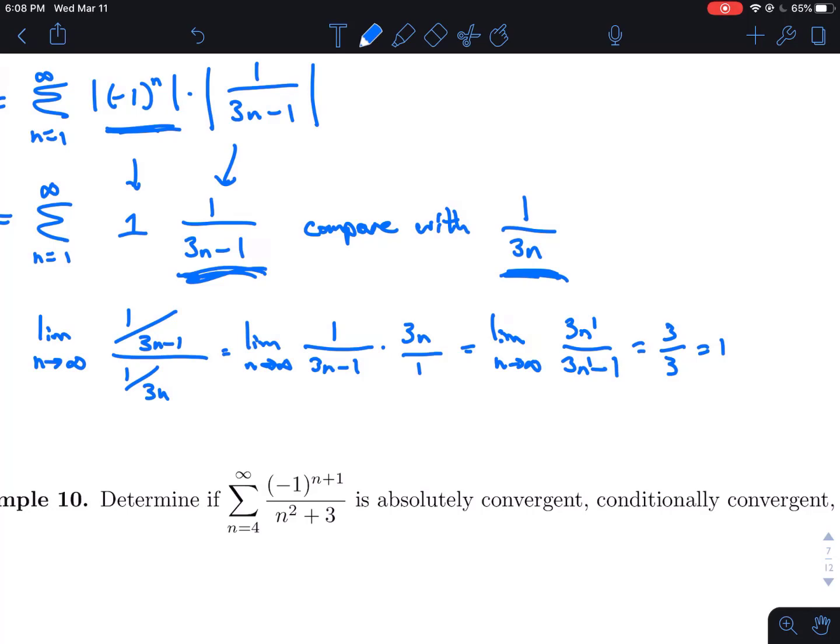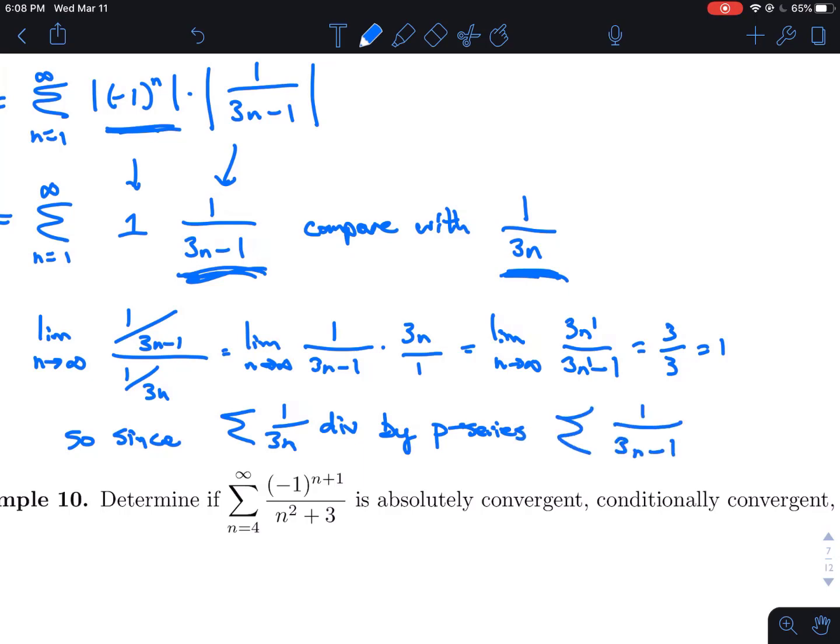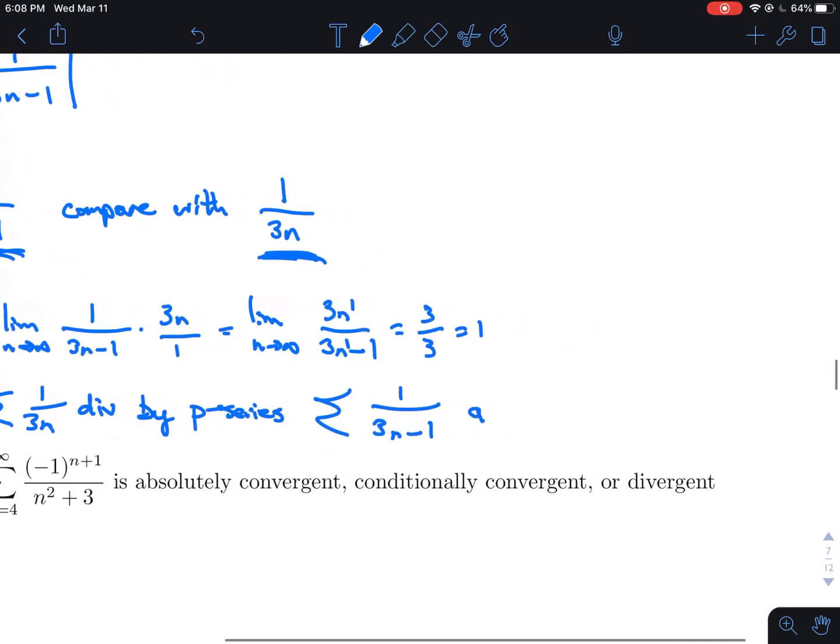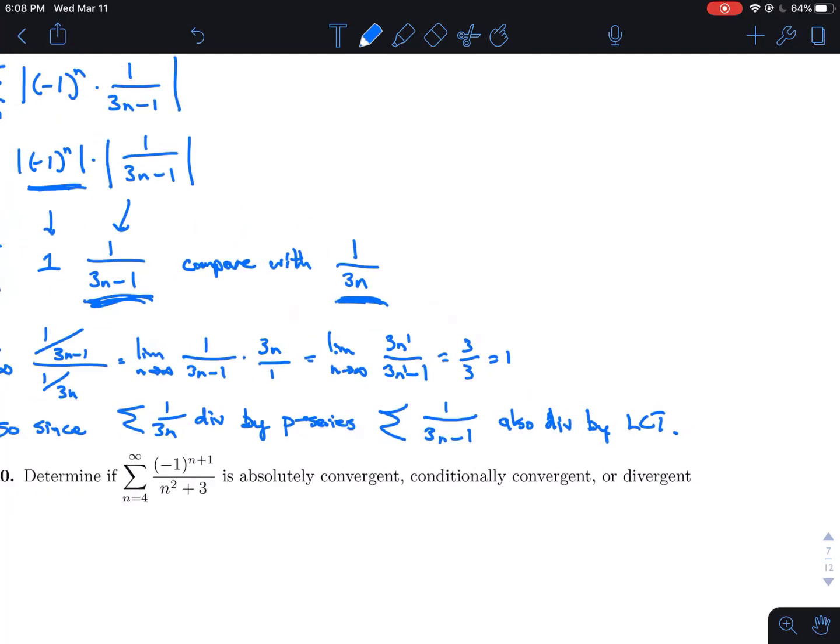And so I'm going to conclude with, so since 1 over 3n diverges by p-series, sadly, we've shown that 1 over 3n minus 1 also diverges by the limit comparison test.